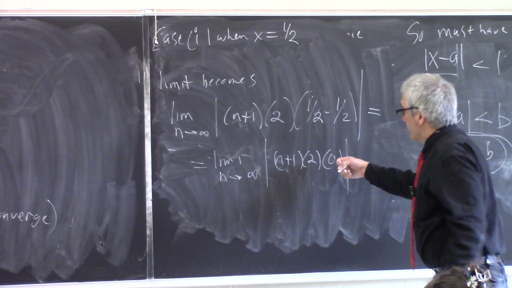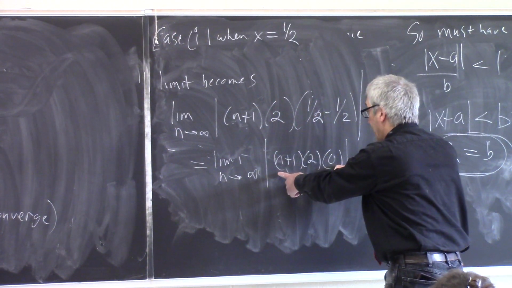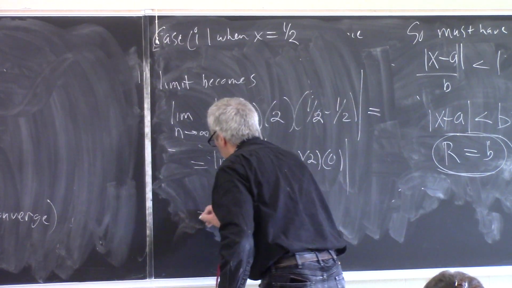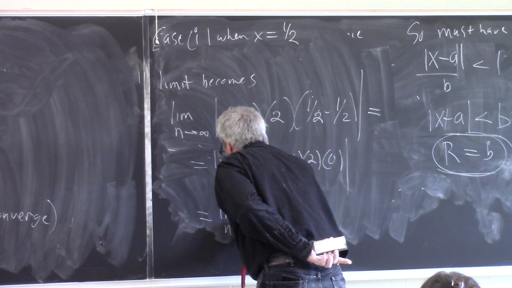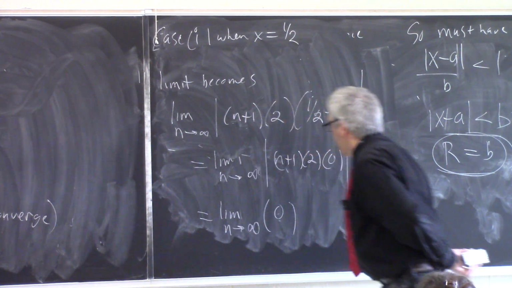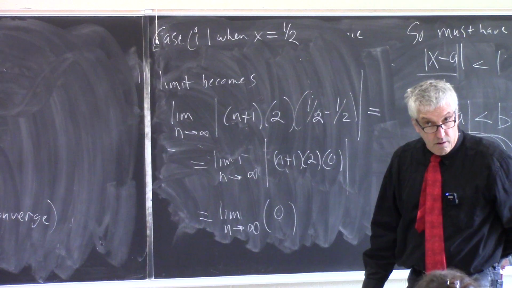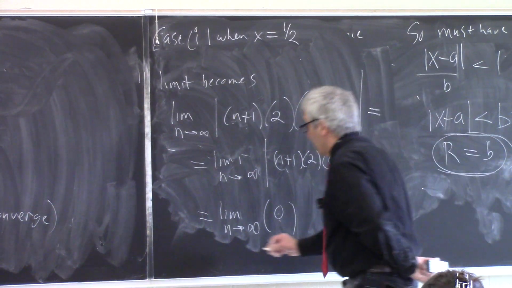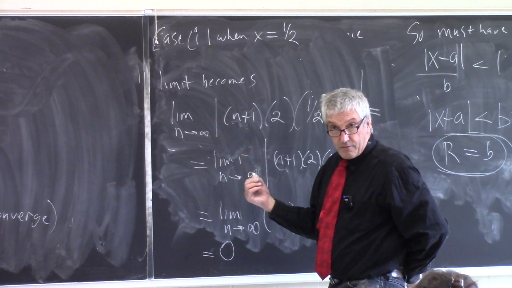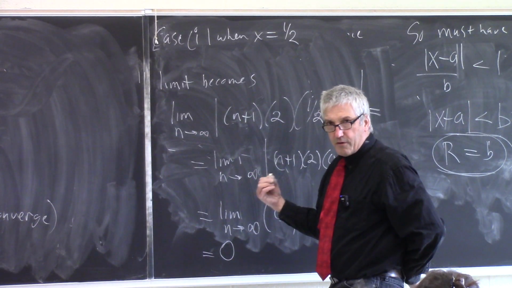And this is an honest multiplication. That's a number, that's a number, that's a number. I can multiply them. I just get the limit of 0. Good. That confirms that the series does converge. We already knew that.